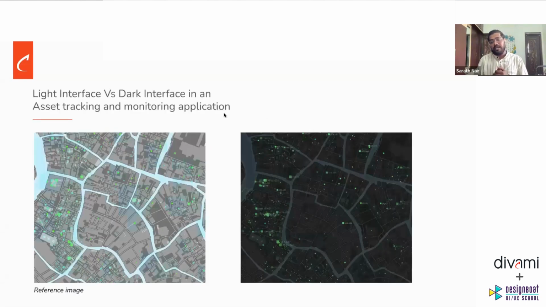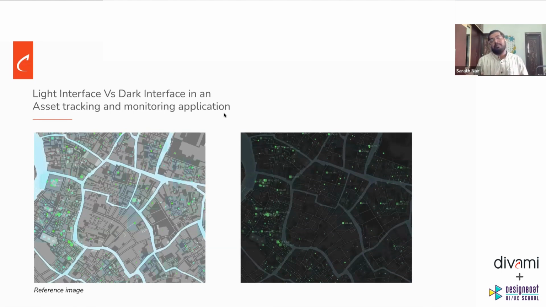I want to take an example here from one of the projects which I worked on. This is my first project, so I'm very proud of it. This is a SaaS product which caters to asset tracking and monitoring. When you say asset tracking and monitoring, I'll take the example of Uber.